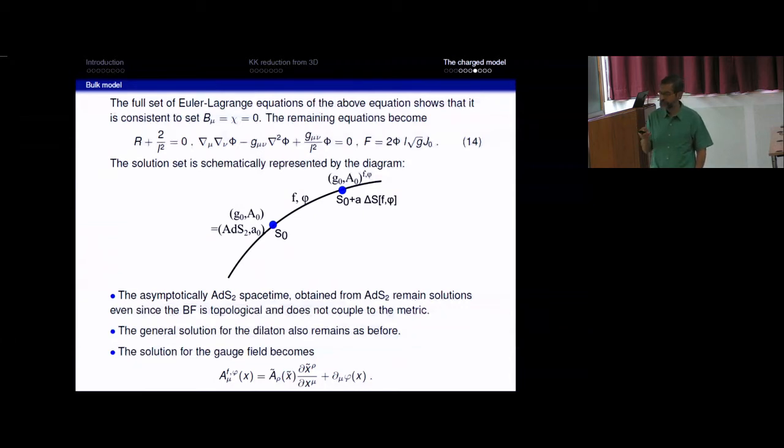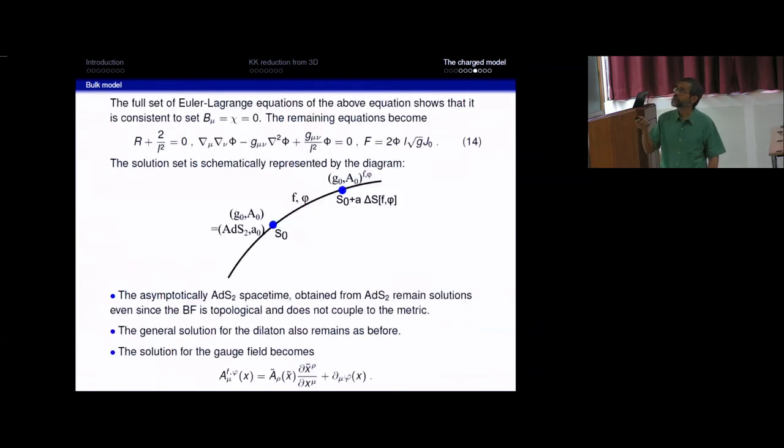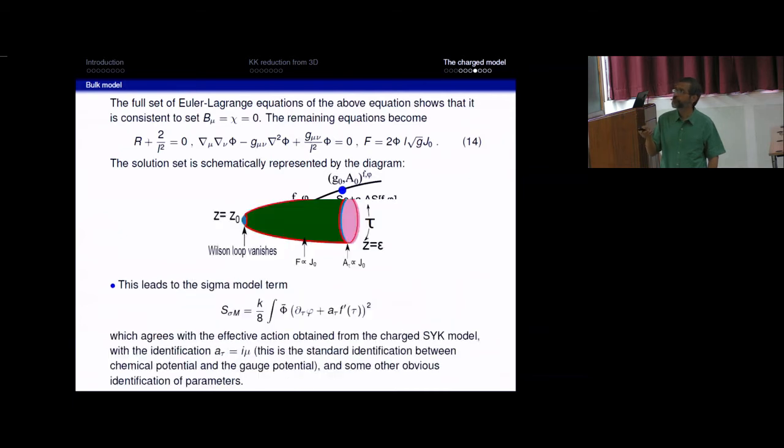So I'm not going to write down this thing, I'm just showing this picture. And then the transformation acting on the gauge field is just this. Here you see that the field strength is proportional to that coupling.